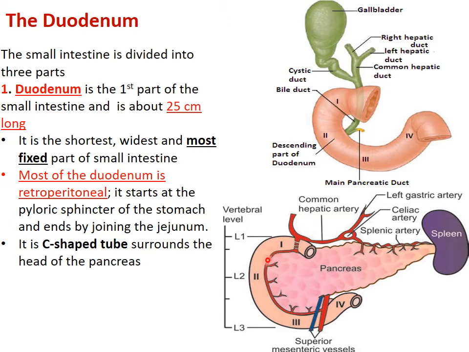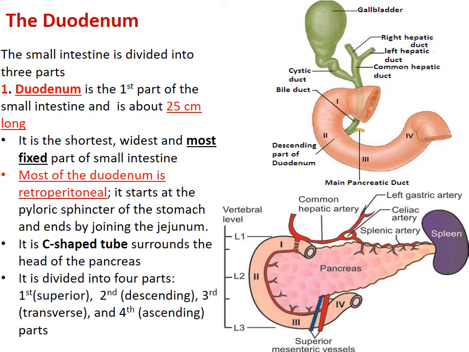The four parts of the duodenum are according to their location: superior, descending, transverse or horizontal, and ascending. The first part is the superiormost part. The second is more vertical, so it is called descending. Then a transverse horizontal part, and then an ascending fourth part.